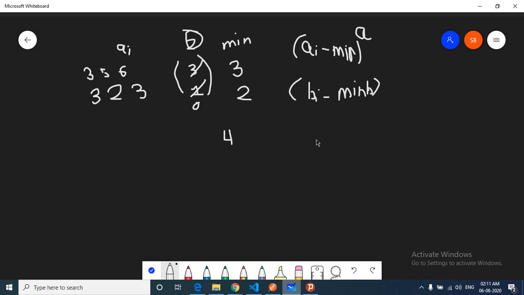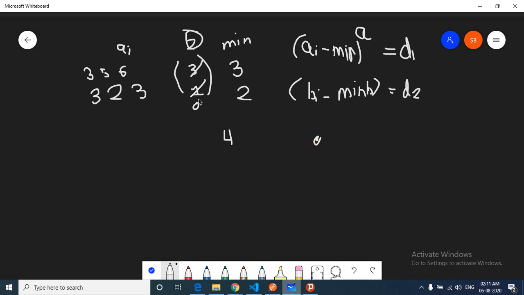Let's assume there are 2 differences, d1 and d2, and let's assume d1 is smaller than d2. This is not always the case, but let's assume it. You first find the minimum of d1 and d2, and then you add the maximum of d1 and d2 minus the minimum of d1 and d2.